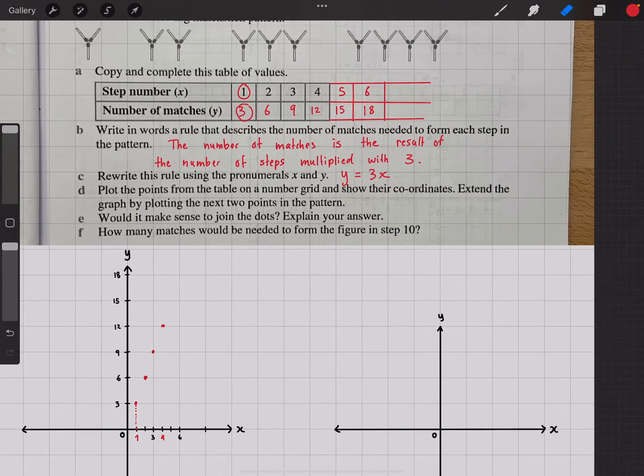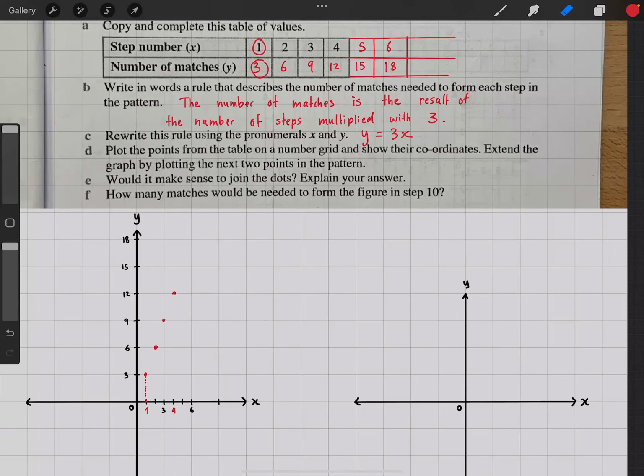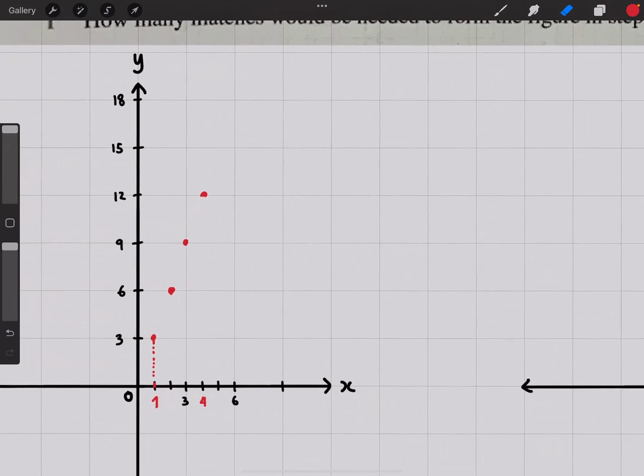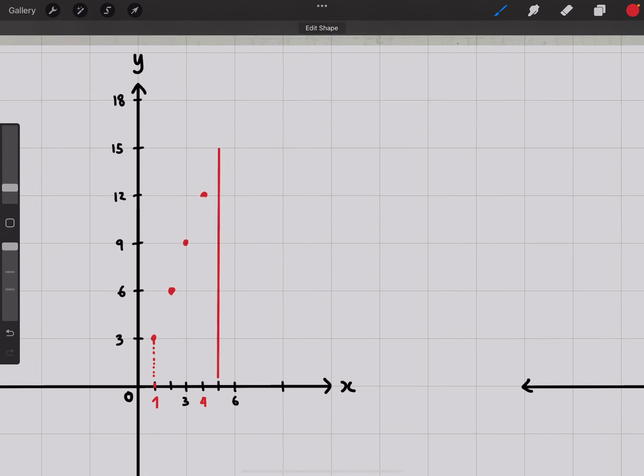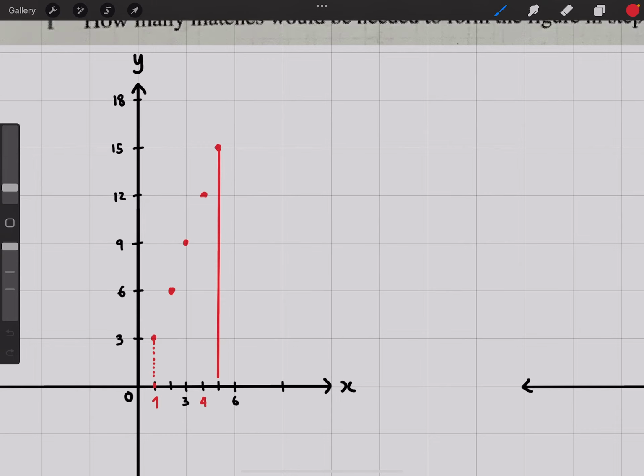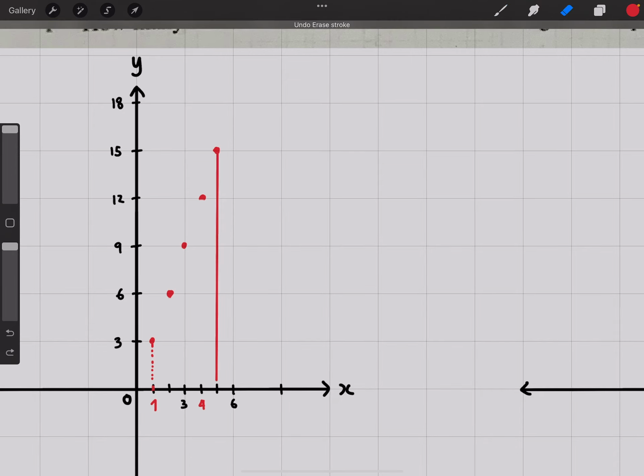And then we want to do 5 and 6 as well. So step 5 will be x equals 5, y equals 15. So 5 and 15 would look somewhere like here. I'm just drawing a line to get an accurate coordinate mapping. When x equals 6, obviously you got 18, so it's right here.